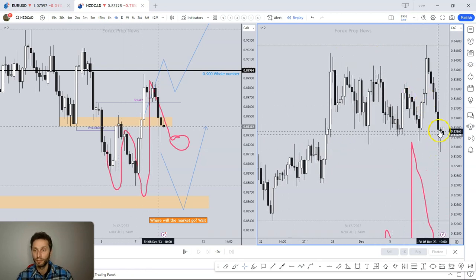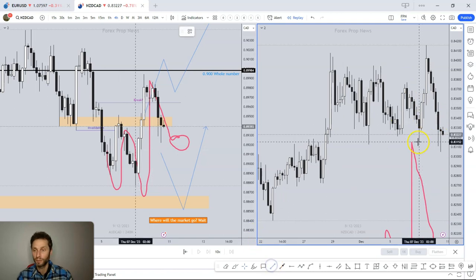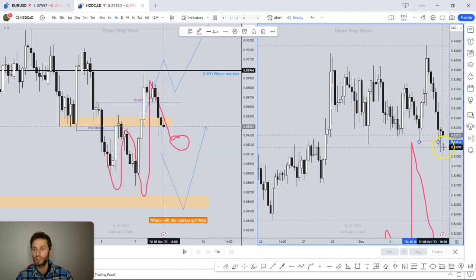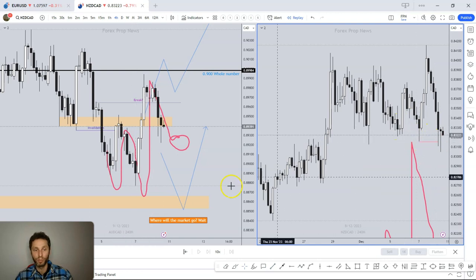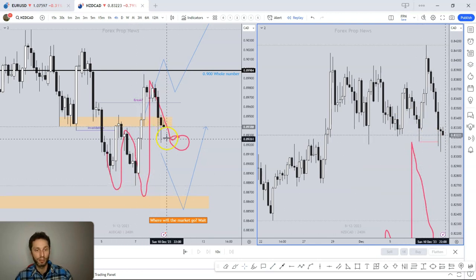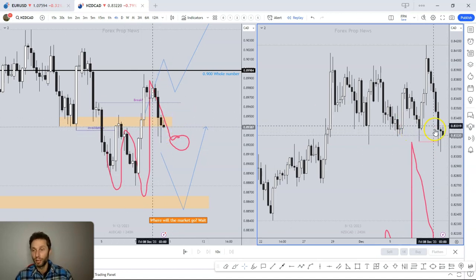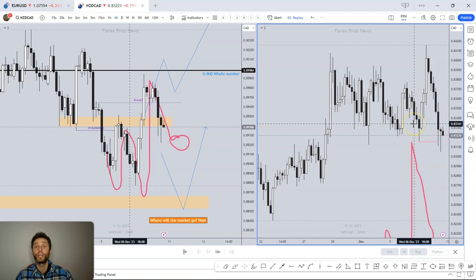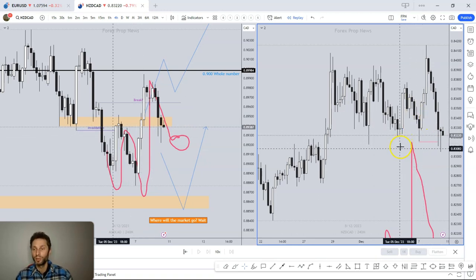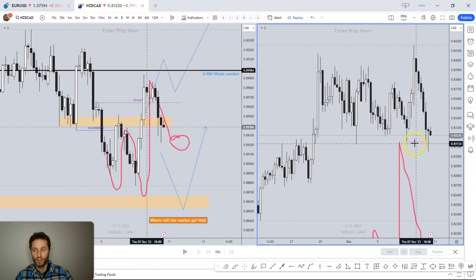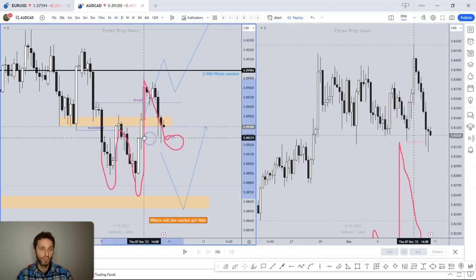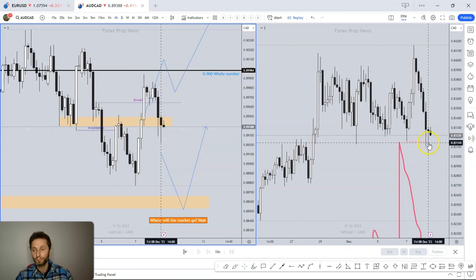At the same time, nope, negative. We have a low being broken. So this low that has been held here, with where the market is currently right now as we speak live and where we are here, the New Zealand CAD said no mas. It's broken. Therefore, the probabilities now on Aussie CAD here are reduced.